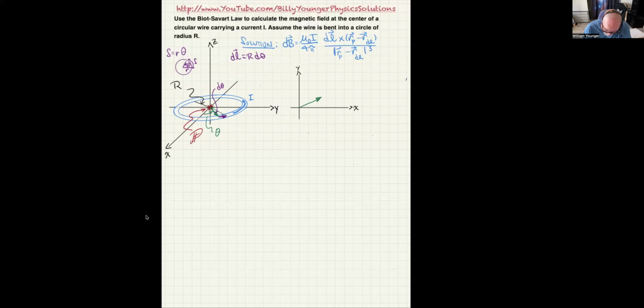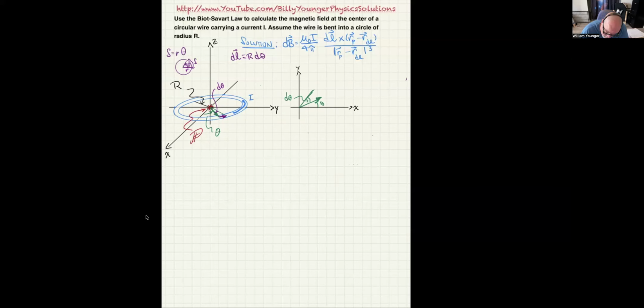That vector right there was RDL, and this angle right here was theta, and then there was another angle right here, and that's d theta. And all of that was along an arc.